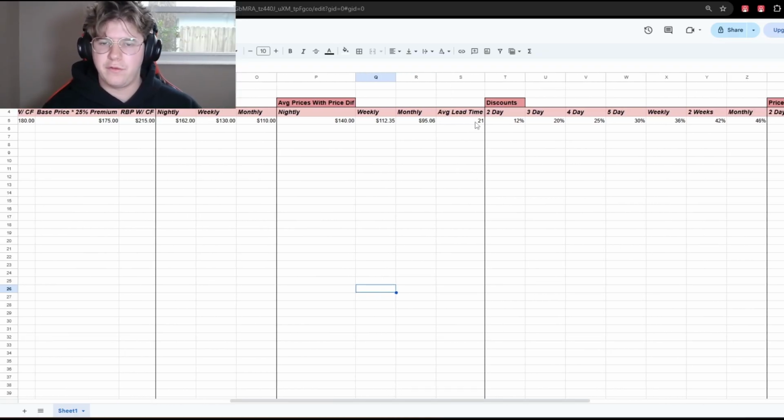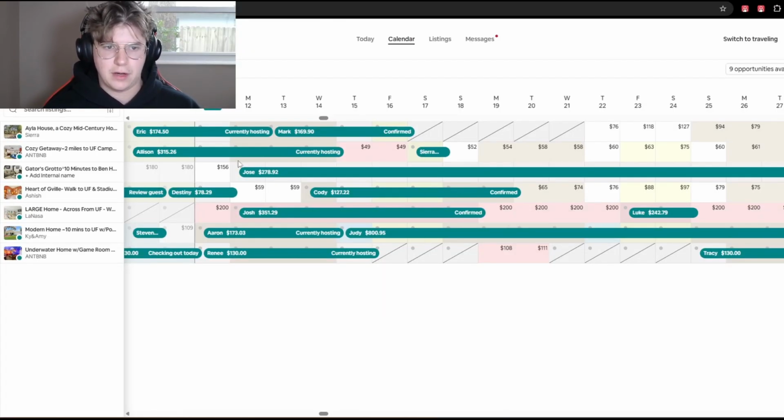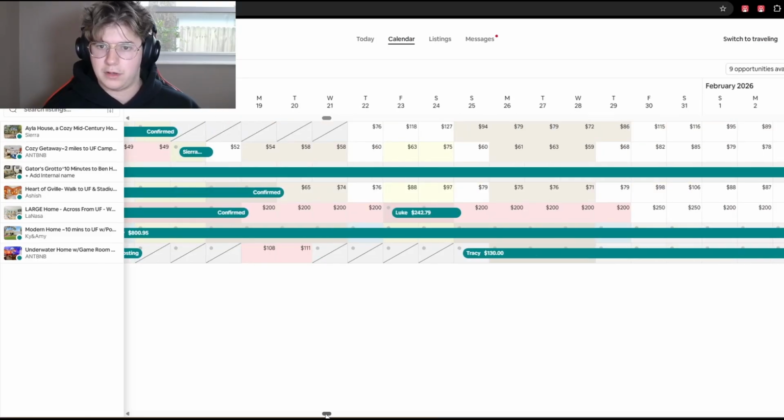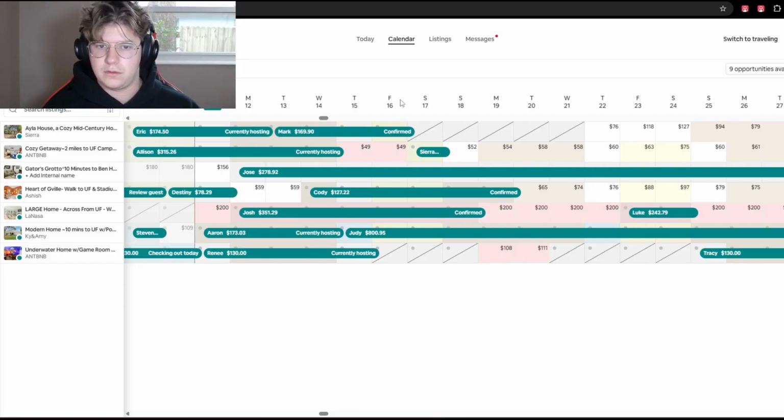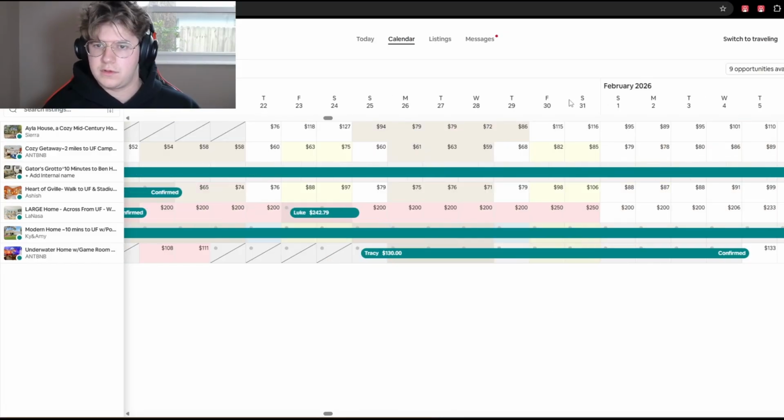If we don't know what lead time is, it's basically the difference between when the person booked and when they're checking in. So people are booking for dates 3 weeks in the future. That becomes important, especially when we're using dynamic pricing like PriceLabs, because if I don't have a booking within 21 days, if my calendar's empty, for example, if today is Sunday, 21 days from Sunday is 3 weeks, so something around the 31st or the 1st.